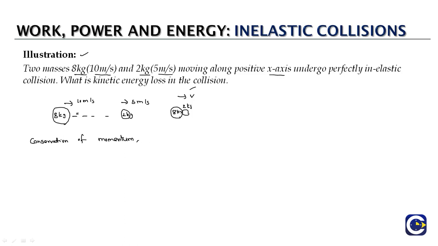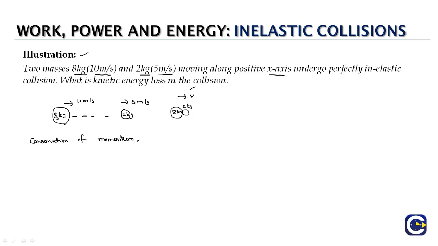Since momentum is a vector, here both the 8 kg as well as the 2 kg have velocities in the same direction. So both the momentum values are in the same direction, so we can take both of them to be positive. The reason we mention this is, if the objects are moving in different directions, if one direction momentum we take as positive, the other direction we must take as negative, because momentum is after all a vector quantity.